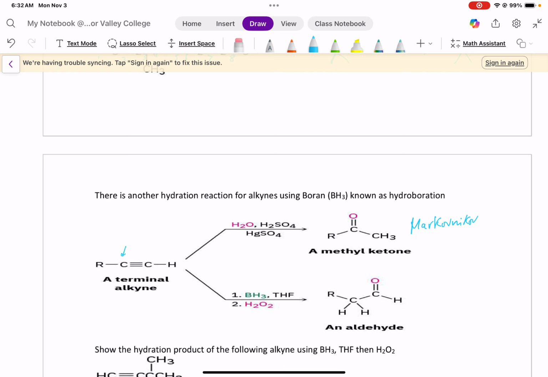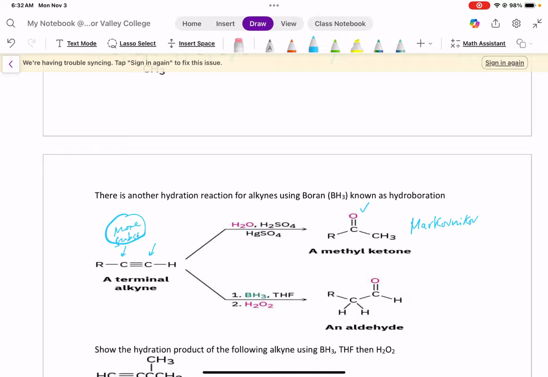That's more substituted, that's less substituted. Okay. Now, when you do Markovnikov, that's where the more substituted carbon is where the OH comes in and turns into a ketone because it's inside.